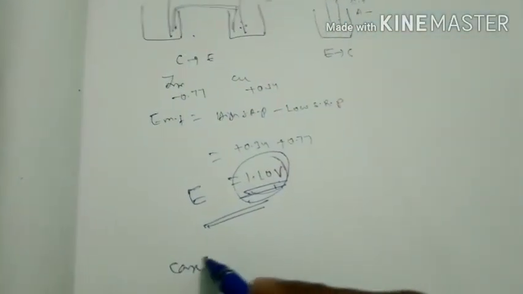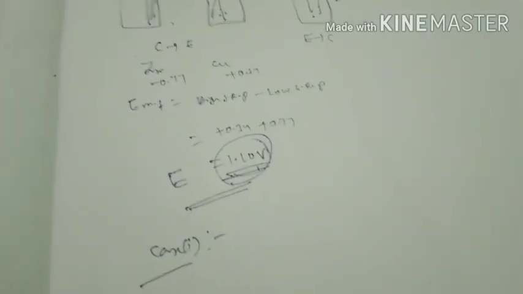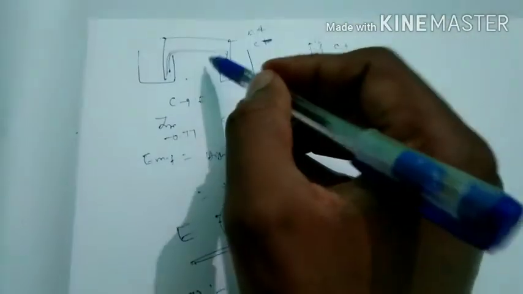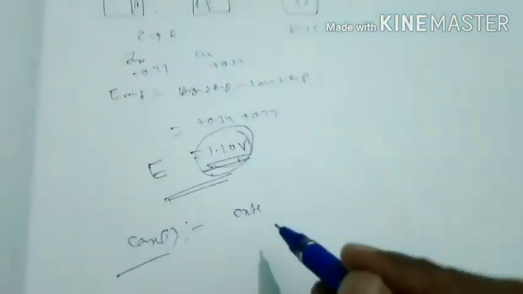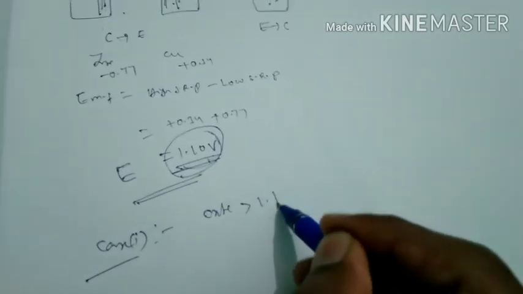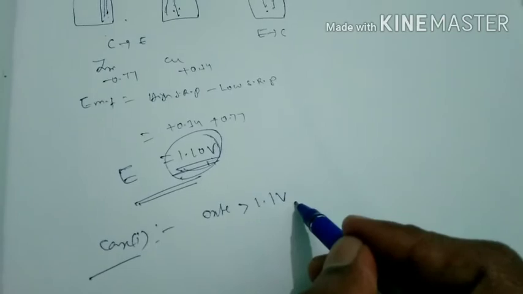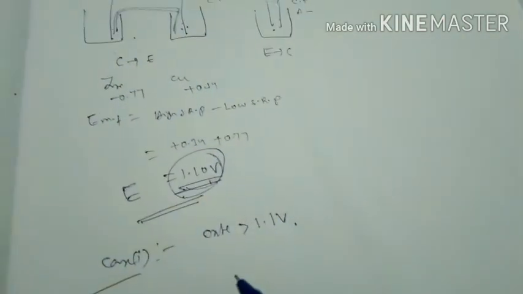Case 1: if an external source is connected above the galvanic cell and its potential is more than 1.1 volts.